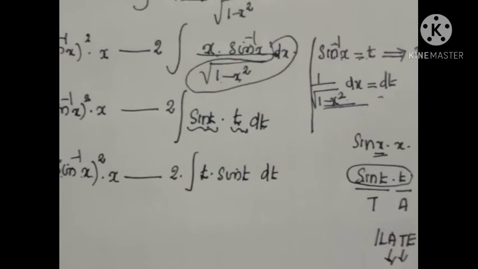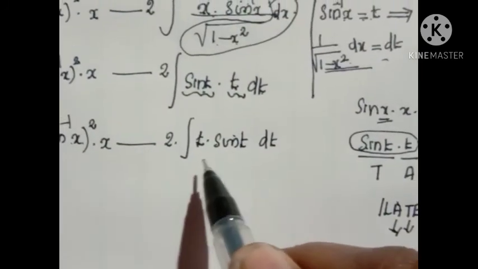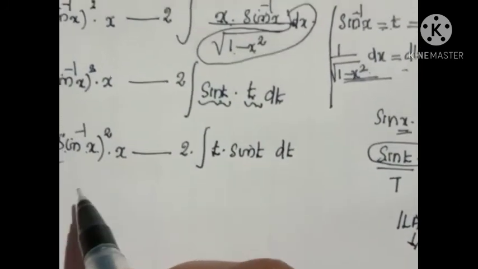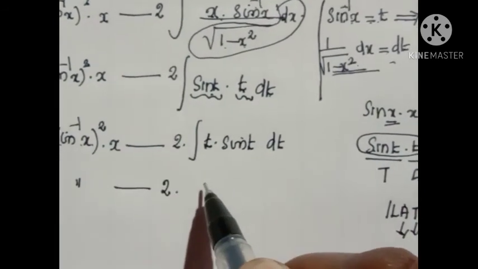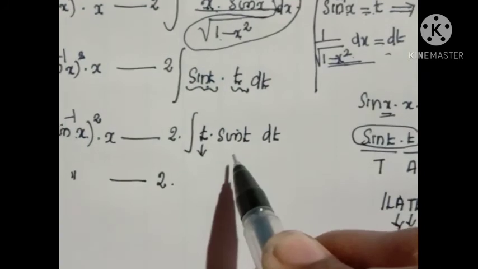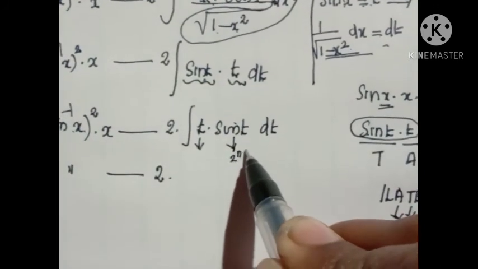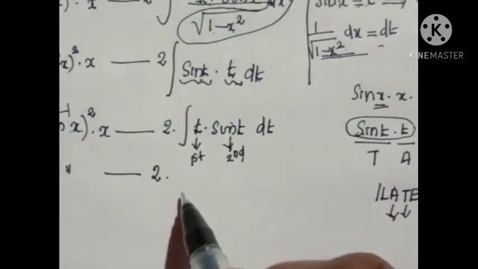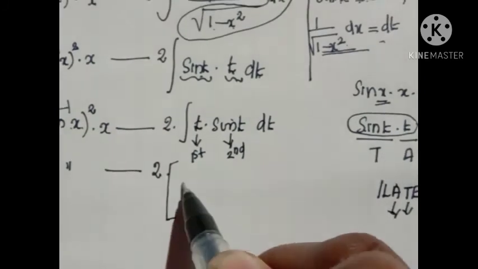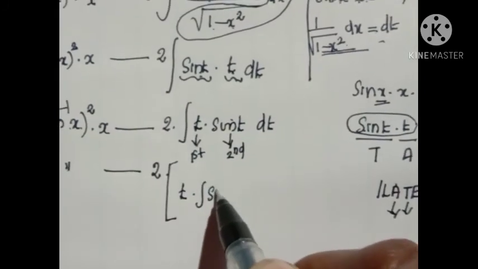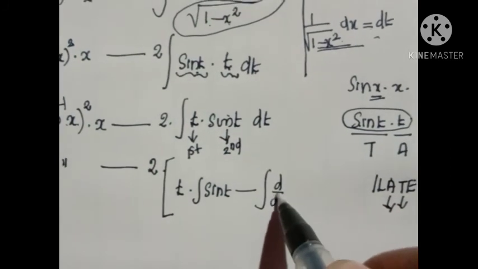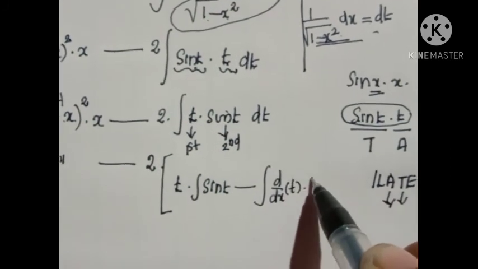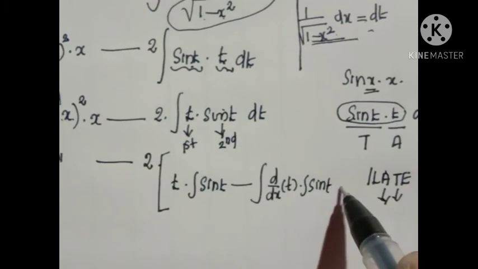Now in this part we are doing integration by parts, so I am not writing this term. Minus 2 into, here t is the first function and sine t is the second function. By integration by parts: first into integral of second, minus integral of derivative of first into integral of second.